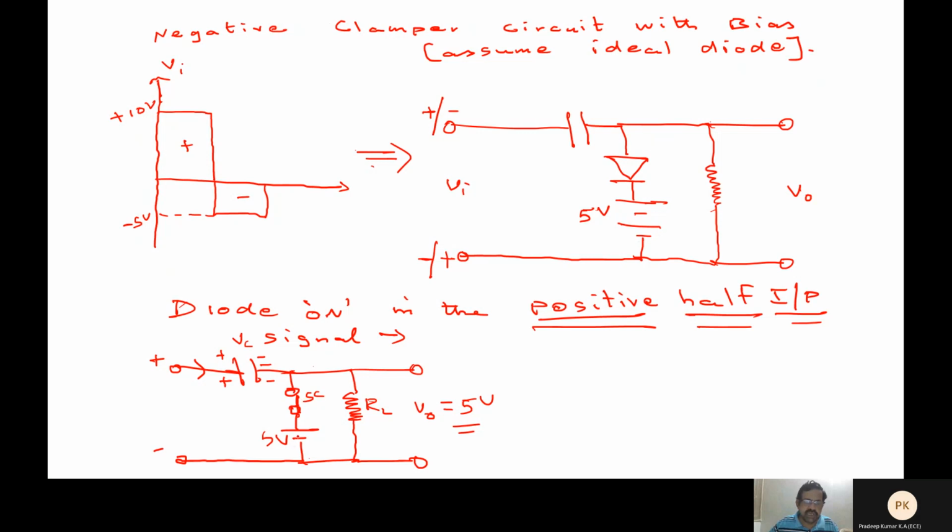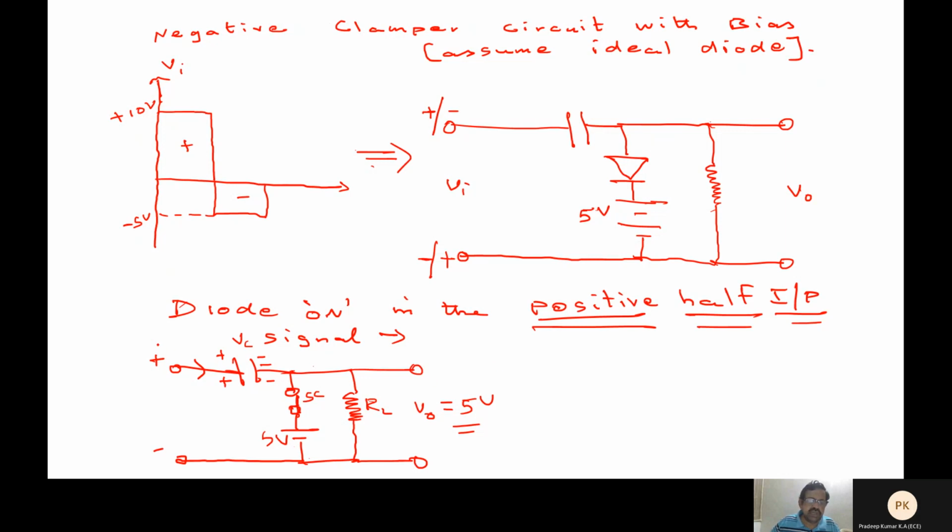So the entire battery voltage, because RL is in parallel across the 5 volt. So all the 5 volt will appear across RL, no matter what it is. It will be always like that. So remaining voltage will be there, to be consistent with the KVL. So V0 equal to 5 volt under forward bias.